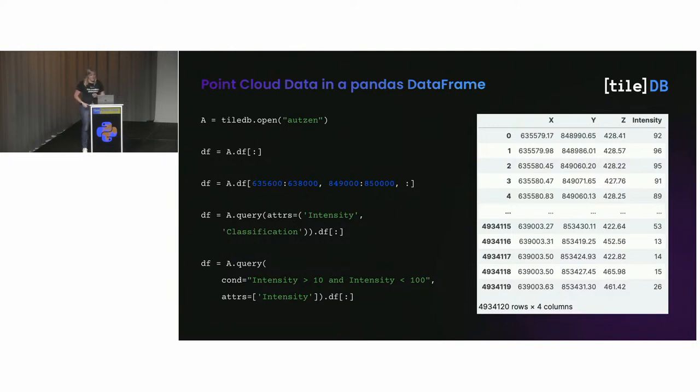Probably don't want to do that, as I said, or just load a smaller region, so the X, the Y, and the Z again, and then I just want all heights, of course, or I can then also query on different attributes, because I don't need them all, not interested in them, so only intensity or classification, or only maybe the intensity between 10 and 100, for instance. So you can almost just play around with the point cloud data in this way, using pandas.